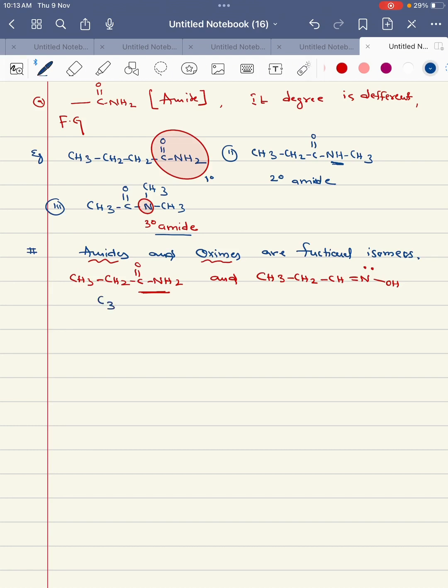What is the molecular formula? 3 carbon atoms, H7, and one O. Here also 3 carbons, H7, and one oxygen. Compounds having the same molecular formula but different functional groups. Now C=N-OH is called an oxime. Here C=O bonded NH2 is the amide.